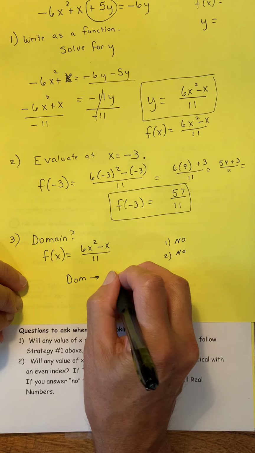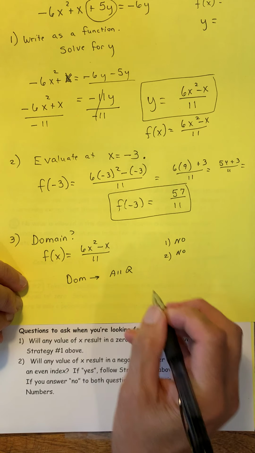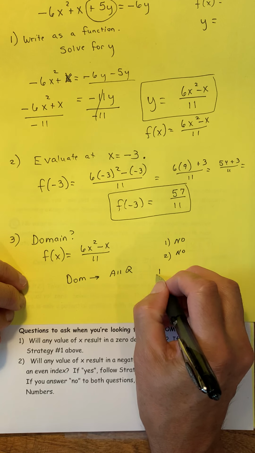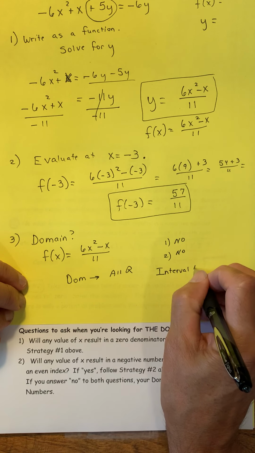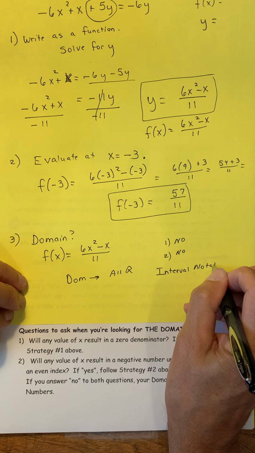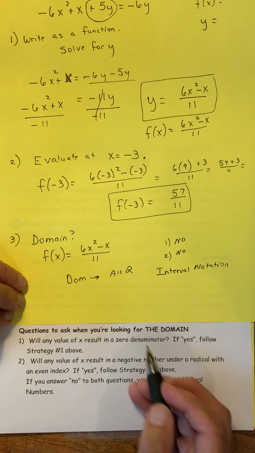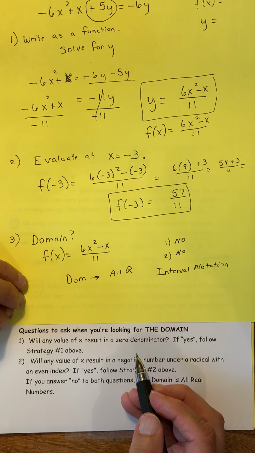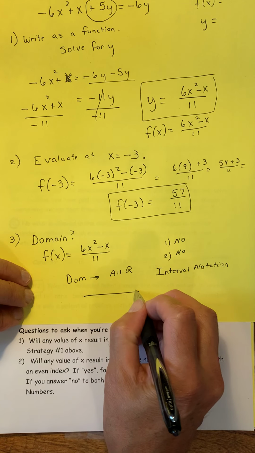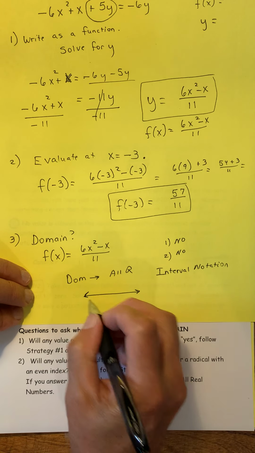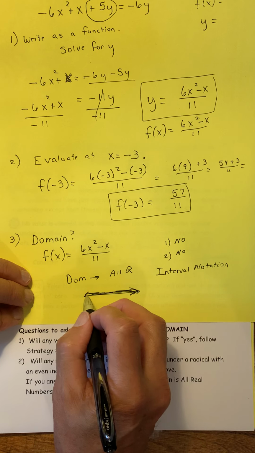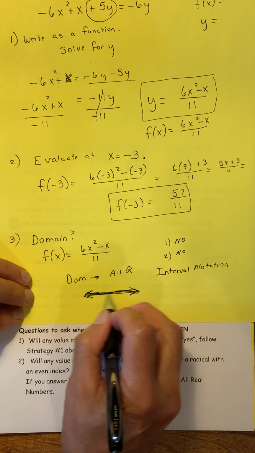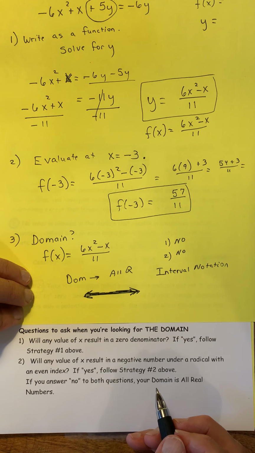Now, Hawks wants you to write this in interval notation. How do you write all real numbers in interval notation? Well, think about the number line. If everything is covered on the number line, and that's another way to say all real numbers, every single point is covered, part of your solution set.